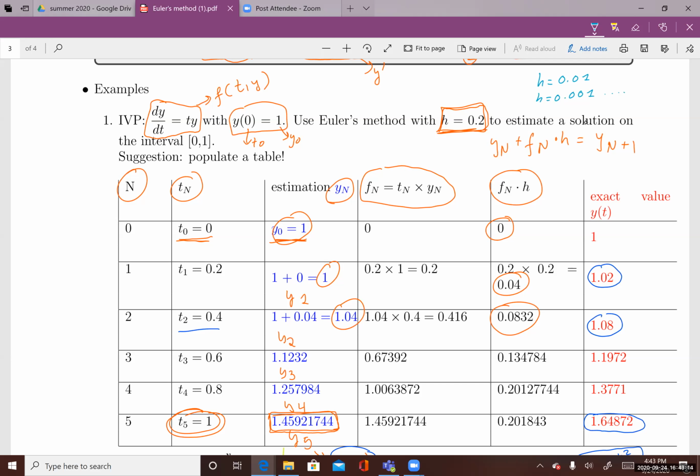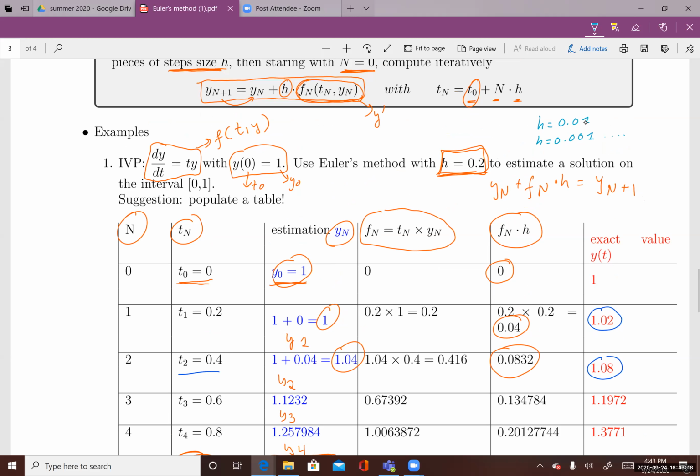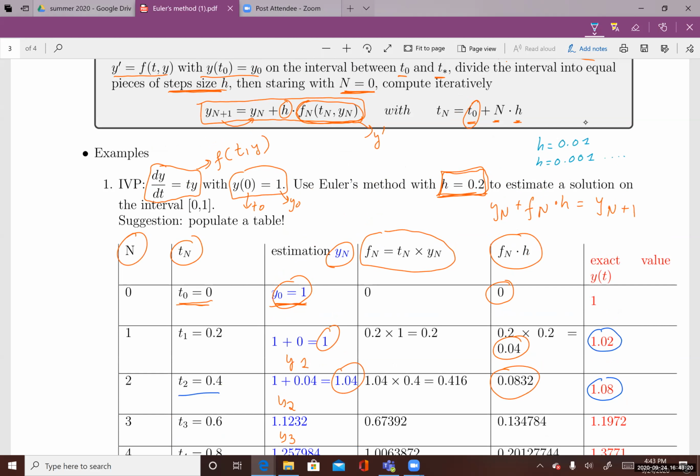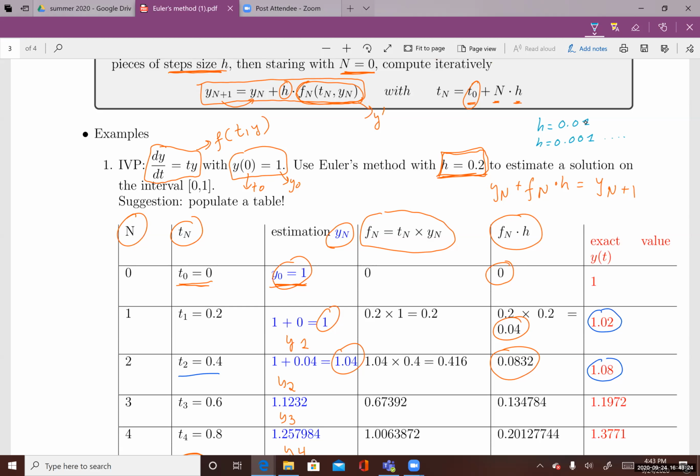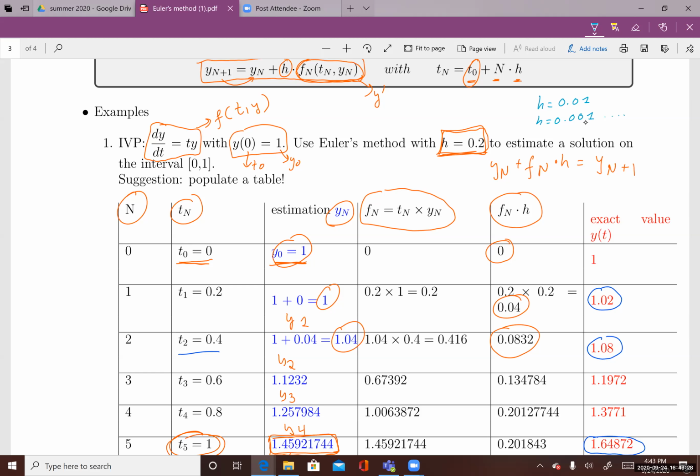What will happen if we decrease it? Again, the smaller the step size is, the more calculation, the more number of steps that you have to take. So more calculation that you have to make, but maybe you will have a better estimation.